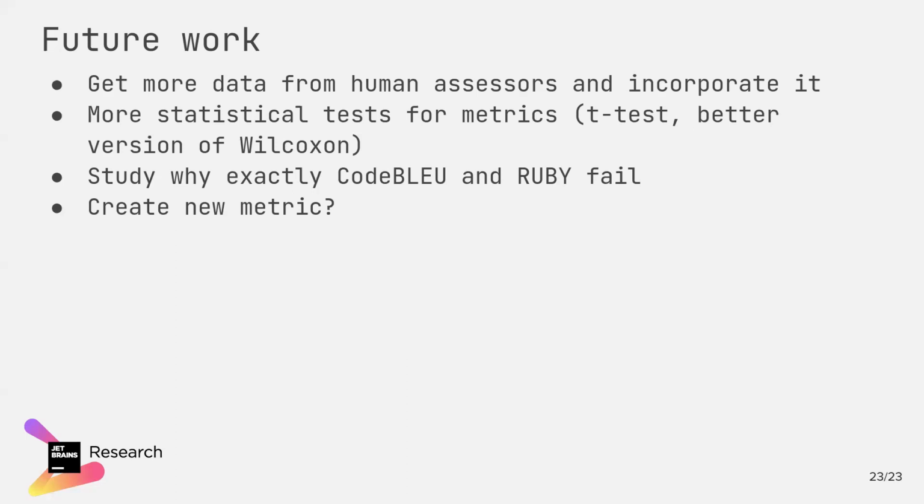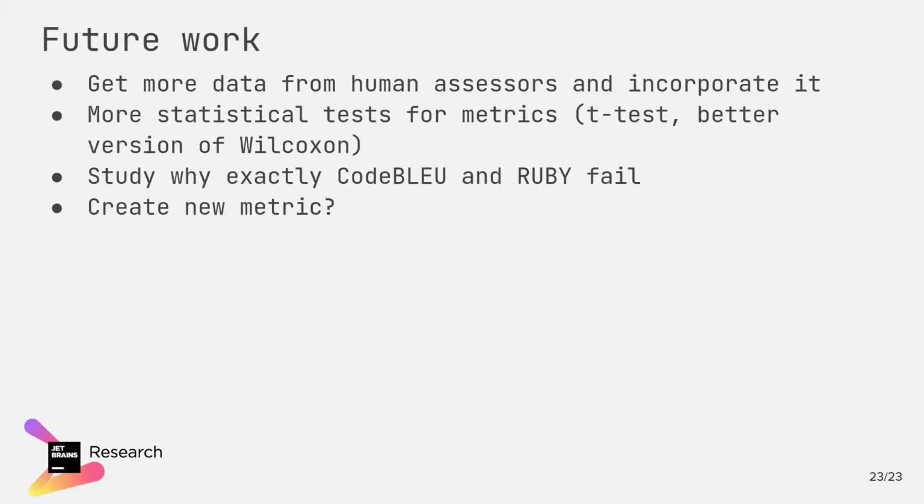And finally, if I wanted to summarize the talk, I would say that the code generation models are still in the very early baby steps. That the metrics for code generation are not so good. That if you want to measure the quality of your code generation model and report it in the paper, you should probably use BLEU because everybody uses BLEU.